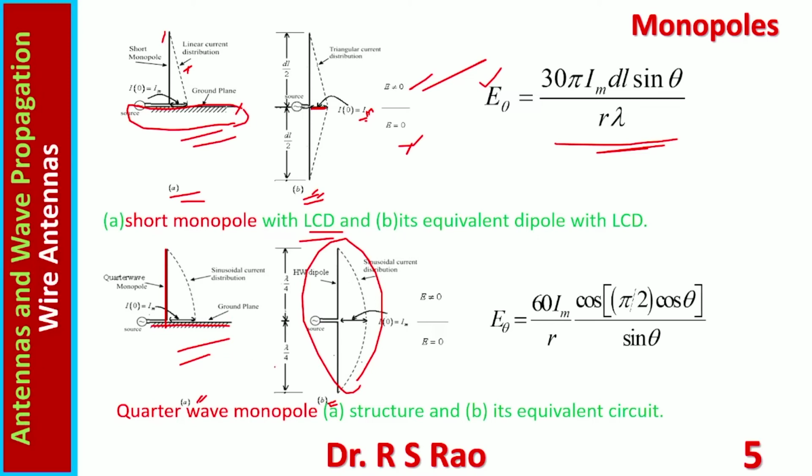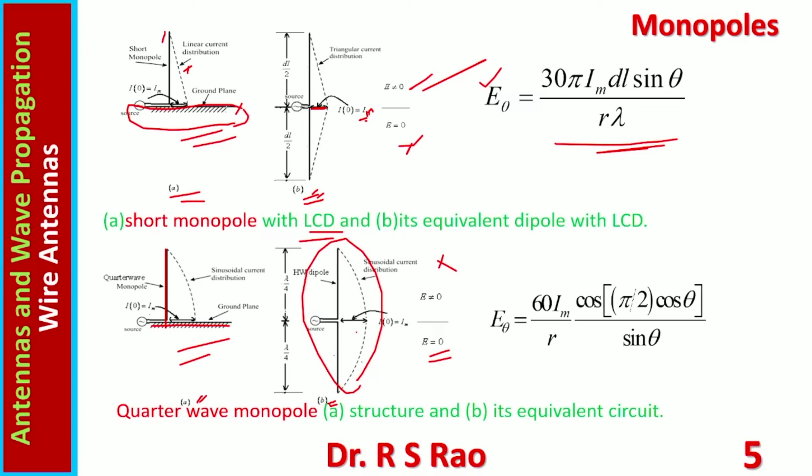So the equivalence between A and B is valid, it is acceptable, only when we want field intensity above the ground plane, somewhere here, when we use B to calculate field intensity above the ground plane. In fact, that is what we require. Below the ground plane, we know field intensity is 0 because there is no radiation. Now we know a half-wave dipole gives a field intensity.